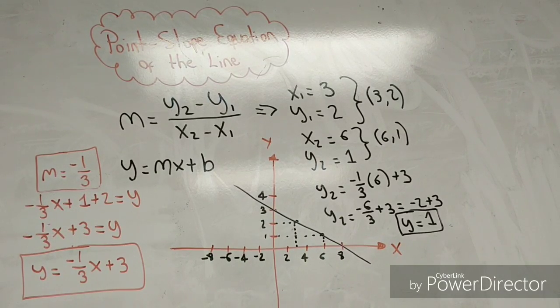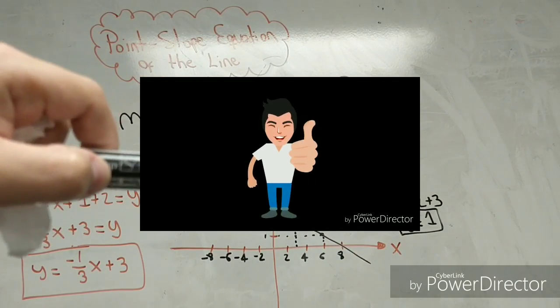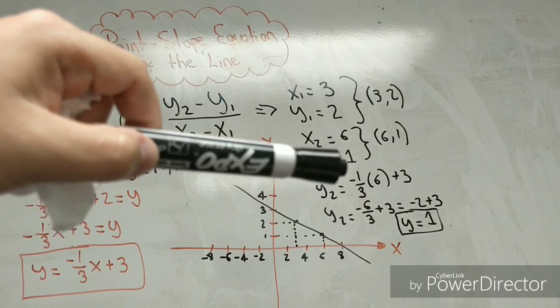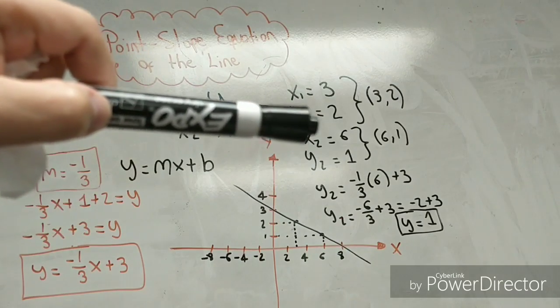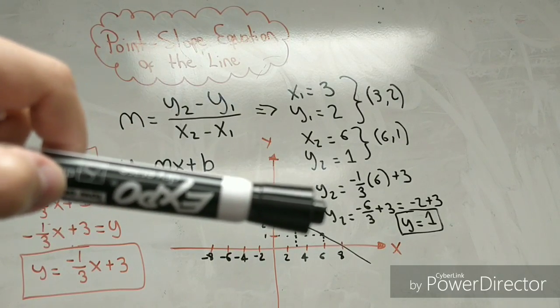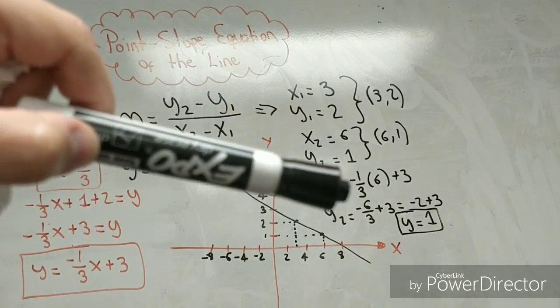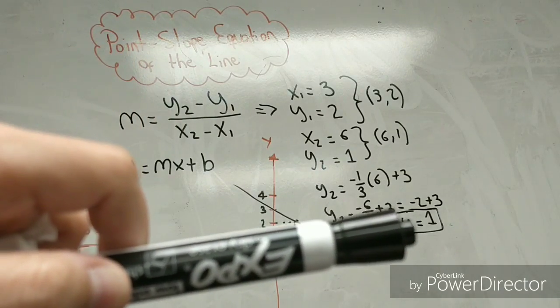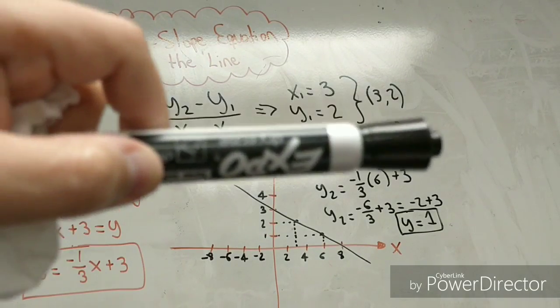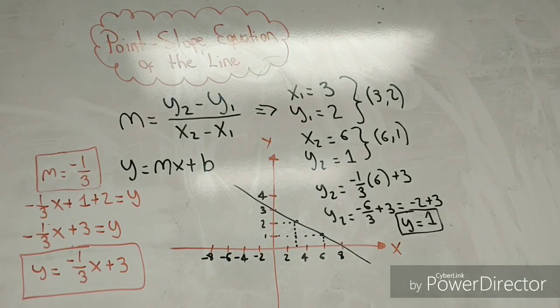And finally, just to confirm that we are doing the right thing, we try replacing our second point. So y would be minus 1/3 times 6, which would be our new x, plus 3. And if we do the algebra, we notice that y would be equal to 1, which makes sense because that is our other point.